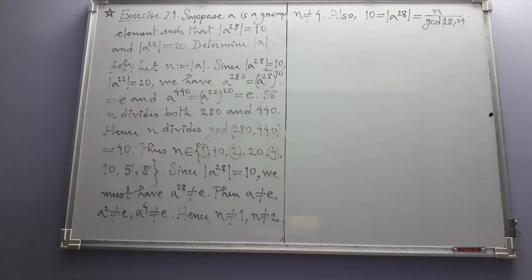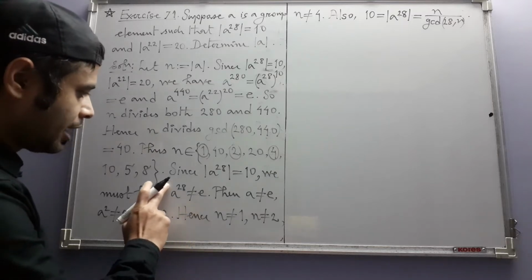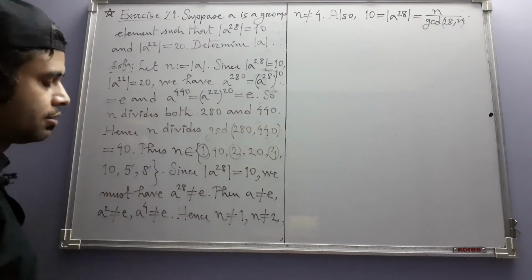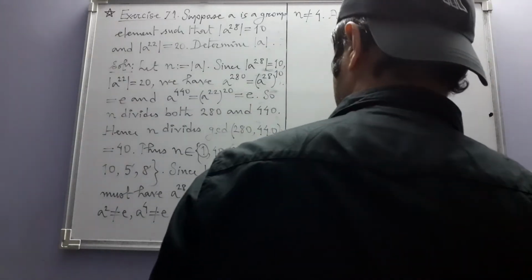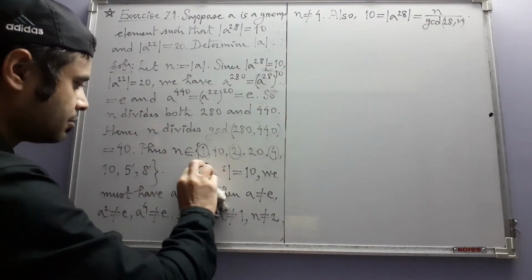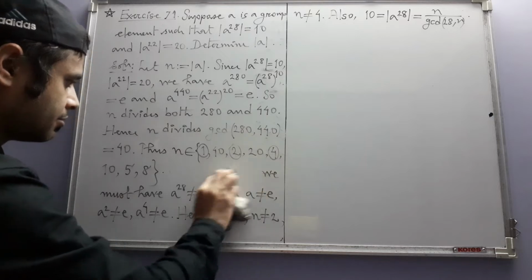The other one, the order of a to the power 22, is equal to n divided by GCD of 22 comma n. So that means this shows that instead of writing these things, we could have used this itself. What is the point of writing this part then separately?